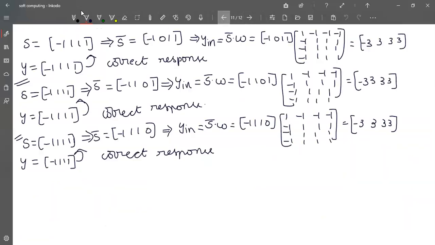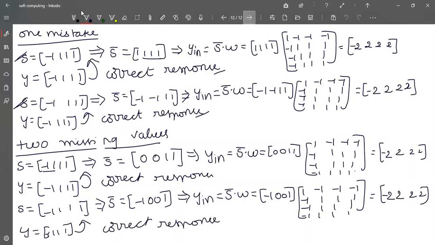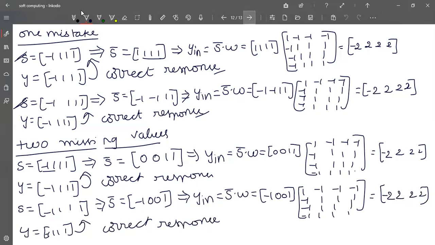And the final part of the question is to test the two mistake entries. For one mistake entry, we changed one value in the given input vector. Now we are going to make mistakes in two values.